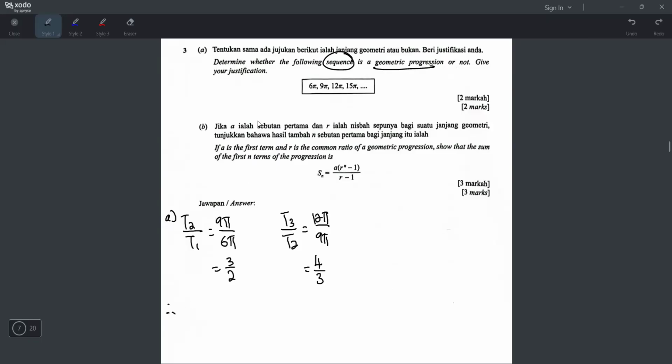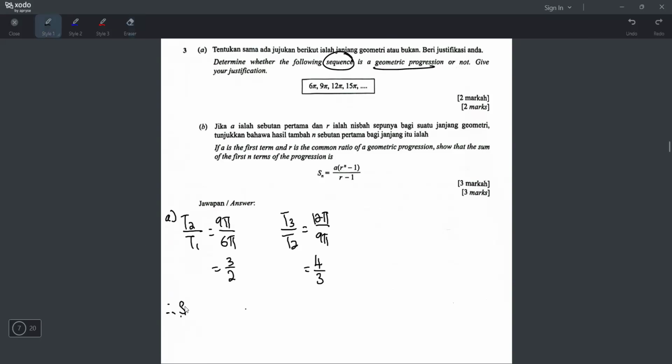So I'll write here. Determine whether it's a geometric, so I'll just write not a geometric progression. Okay, but they say give a reason, give a justification. So why do you say it's not? Okay, let's not write like this. I will write like this. So if you want to write nicely, you can write like this.